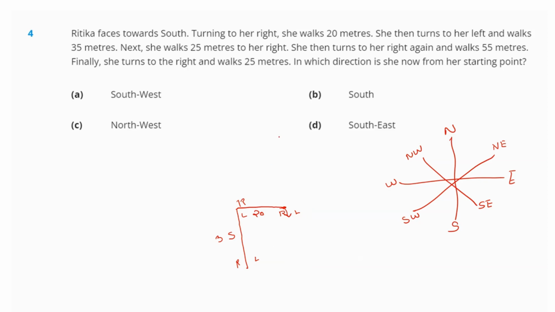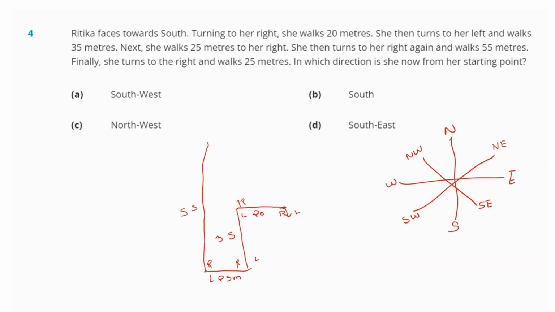Next, she walks 25 meters to her right. Now, she then turns to her right again. Now, this is her right, this is her left. She turns to her right again and walks 55.